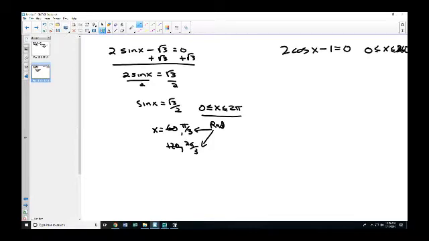So those of you that are struggling, the first step is to get cosine x equals. So we add 1, and we divide by 2, so where's cosine a half? 60.